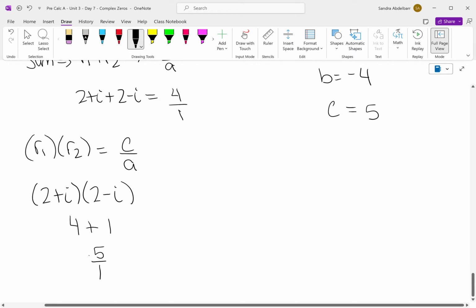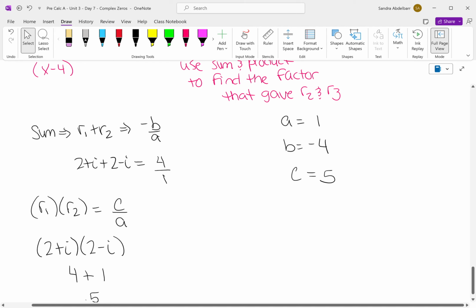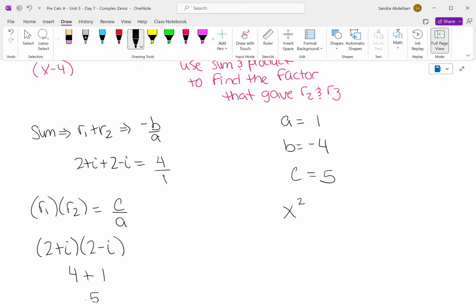What does this tell us? c is 5. So, knowing a, b, and c, can we find the factor that gave us root 2 and root 3? Yes. What's it going to be? x squared minus 4x plus 5.